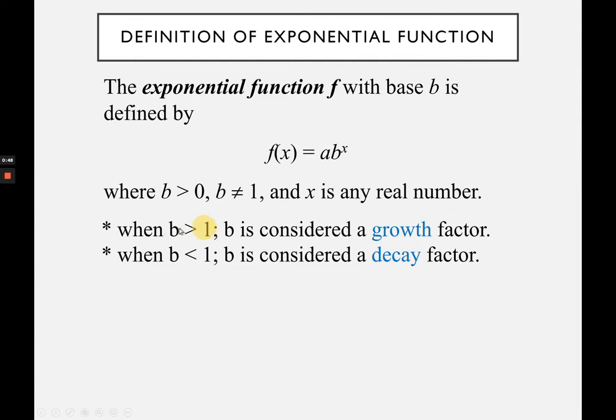There are two possibilities. If b is greater than 1, such as 2, 3, 4, and so on, or 2.5 and 3 point something, b is considered a growth factor. Another possibility is that b is less than 1 but greater than 0, which means it could be a decimal like 0.1, 0.2, 0.5, or a fraction like 1/2, 1/4, 1/8.